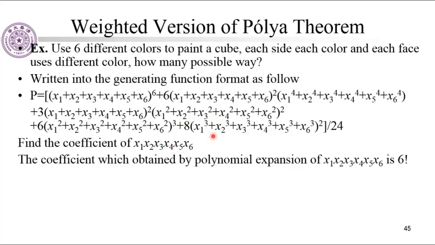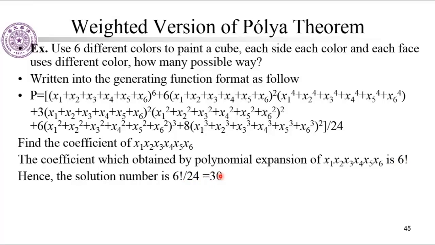It is not possible to produce here, and not possible here either. To summarize, only this one component will generate what we need, x1, x2, x3, x4, x5, x6. Therefore its coefficient is 6 factorial. At the same time, do not forget that we need to divide by 24. Therefore the obtained solution number is 6 factorial divided by 24, equal to 30.